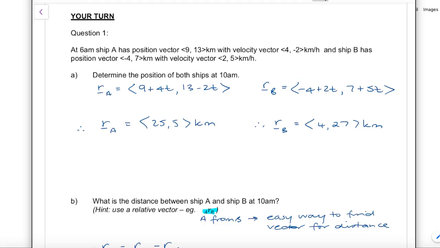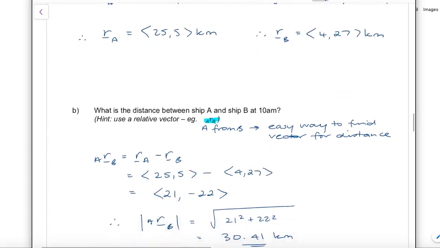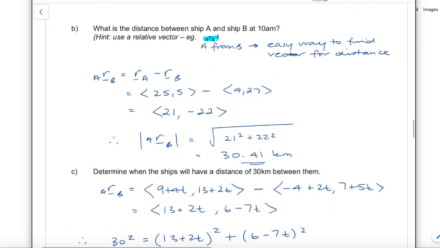Solutions for question 1. The position of A is 25i plus 5j kilometres and B is 4i plus 27j kilometres at 10 a.m. The distance between them, well, if we look at the distance of A from B, that's a really quick way of finding that vector of 21, negative 22. So we can find the magnitude of this as 30.41 kilometres.